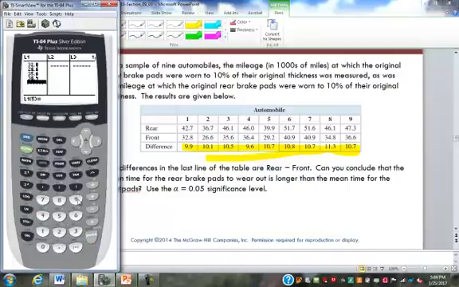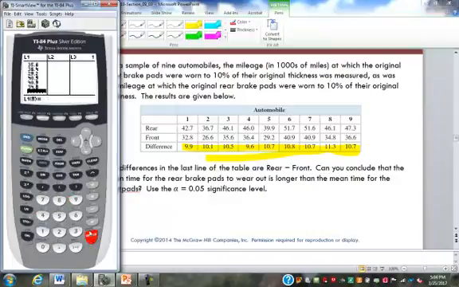Now you might be looking at this wondering, well, how are these paired? What they did, this is a car, and on one car they measured the front brake pads and the rear brake pads, so it is just a single sample measuring two different attributes within that same sample. So it's definitely a paired sample, and they're definitely not independent.